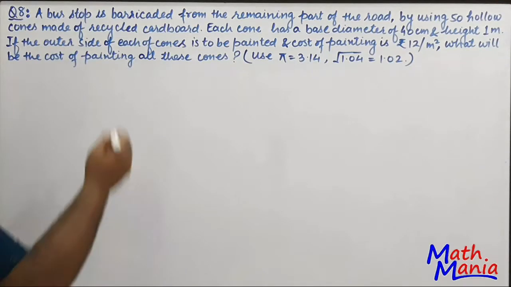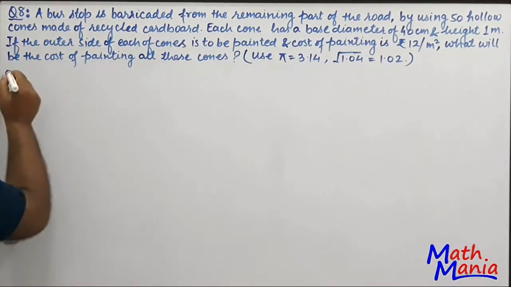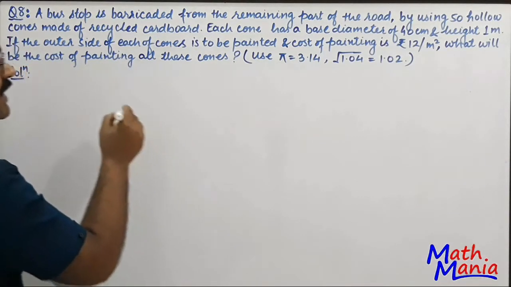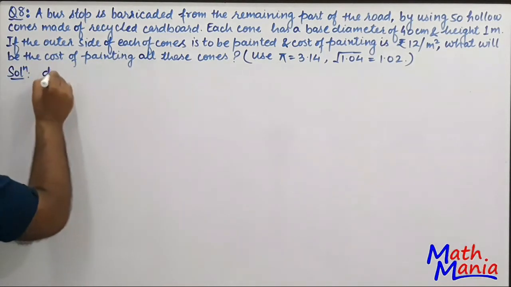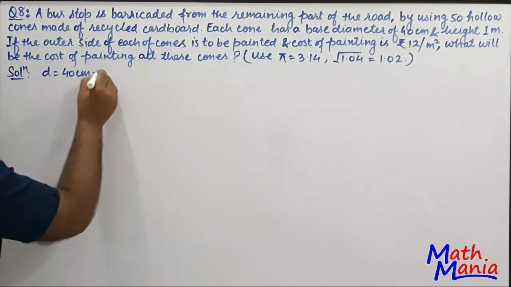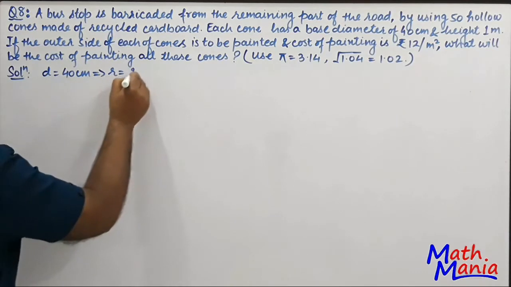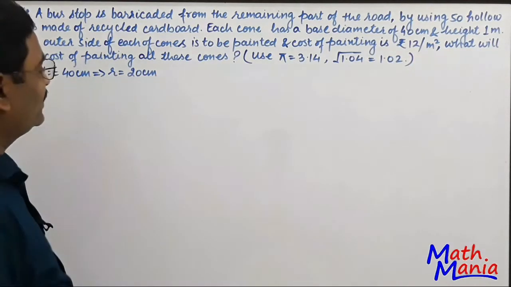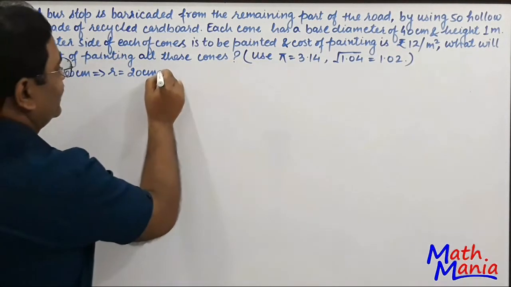As the information is given for the cone, in the solution, the cone has base diameter 40 centimeter. So obviously the radius will be 20 centimeter, and this radius is given in centimeter. We need to write it in meter.